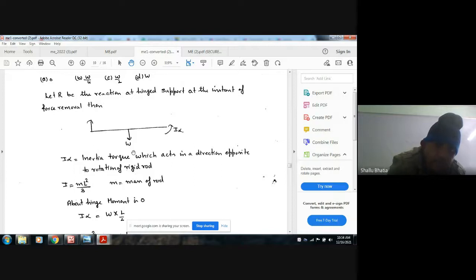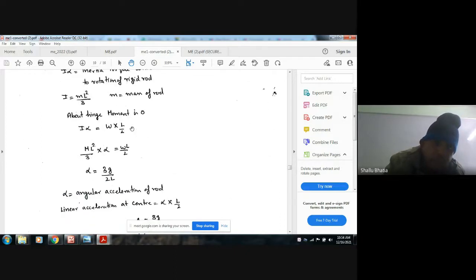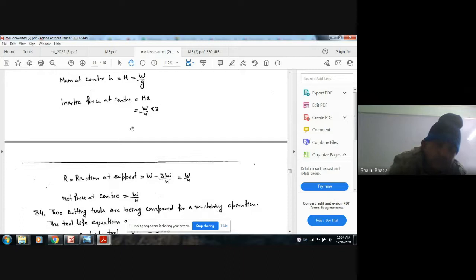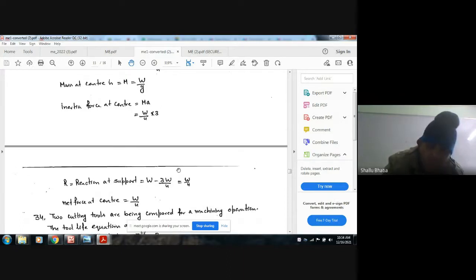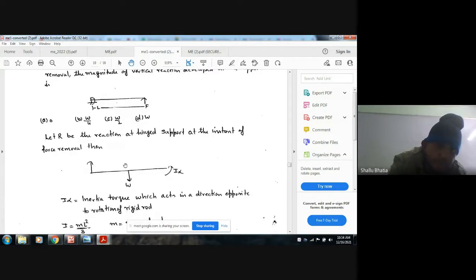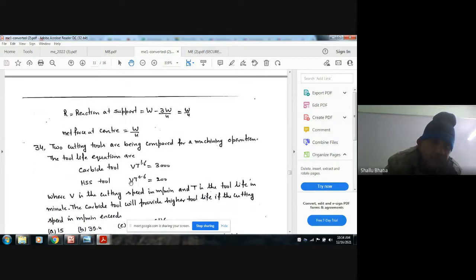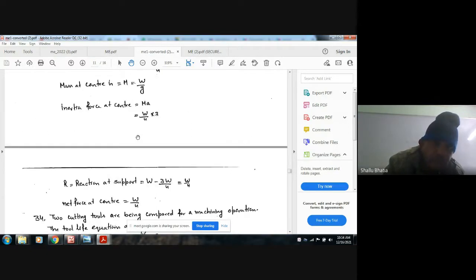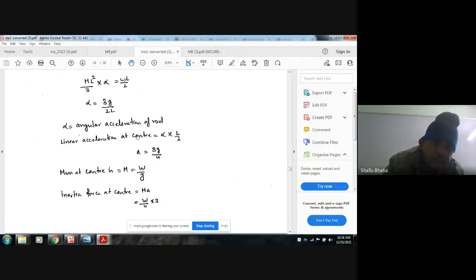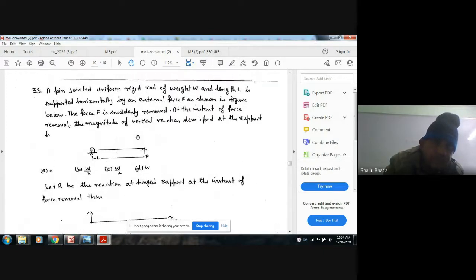So the net force acting here is W minus the inertia force, that is W minus 3W by 4, which is W by 4. So to balance the vertical forces, R should be W by 4.